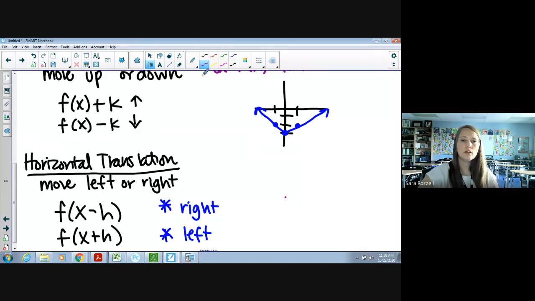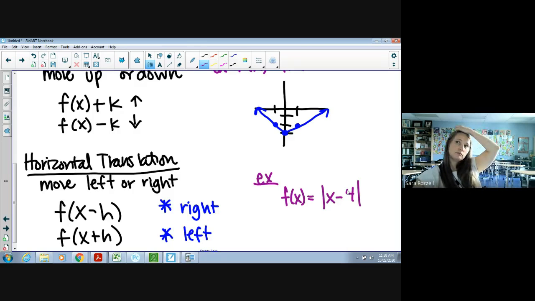Okay, so let's try an example here. Let's go with f of x is equal to the absolute value of x minus 4. So since it's inside of our bars or inside of our operation, we know inside is left and right.